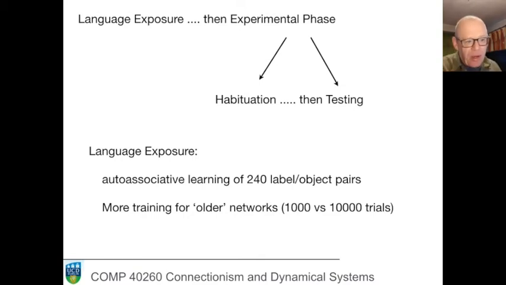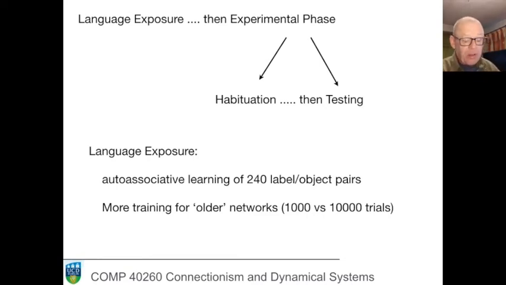The younger networks, the 8-month-old networks as it were, are trained on 1,000 epochs, 1,000 passes through this data set. The so-called older networks are trained on 10,000 passes through this network. That's a qualitative difference between a network that has some training and a network that has a great deal more training.